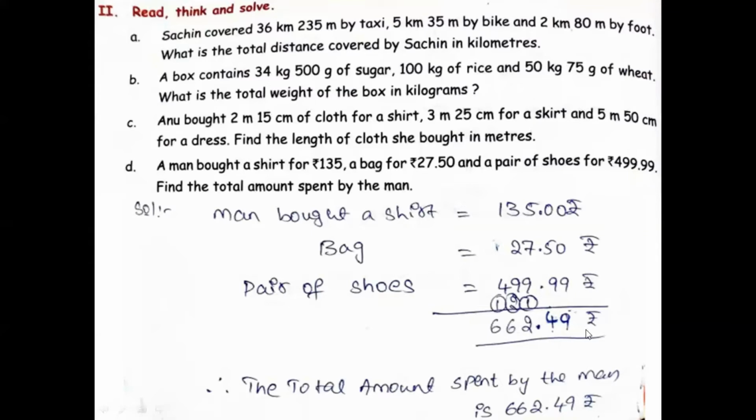How? We should put the decimal point after the two decimal places, that is 9, 4. Therefore, the total amount spent by the man is 662.49 rupees.